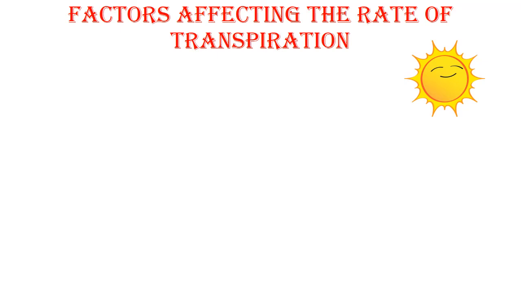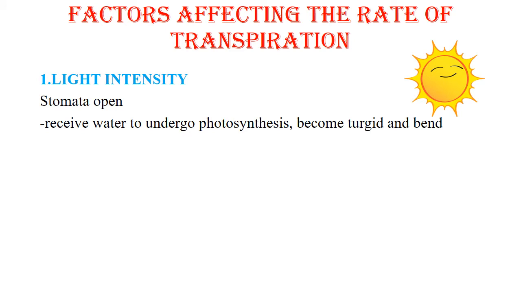The rate of transpiration changes from time to time due to certain factors. What are those factors? First one, light intensity. Can you remember we learned that in the light, stomata open. Why is that? Because they receive water to undergo photosynthesis.